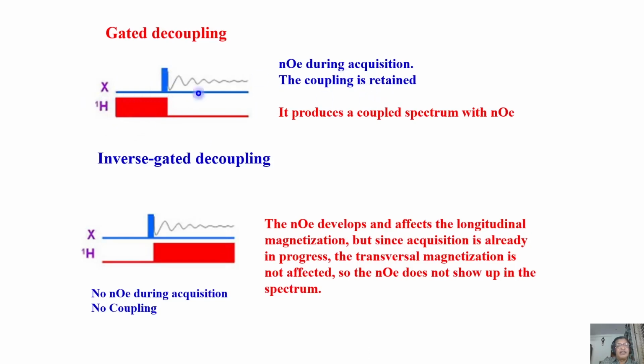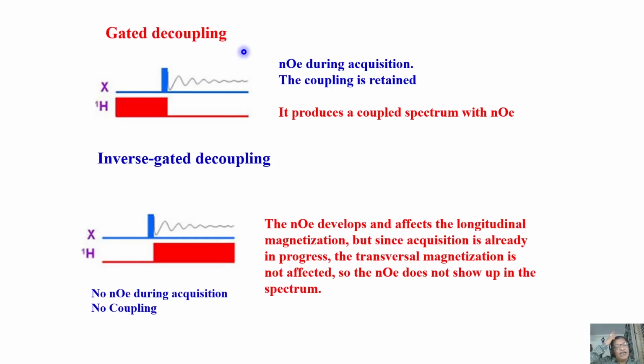It means there is an NOE here. Signal enhancement is there during the acquisition time, but at the same time, coupling is retained. This is called a coupled spectrum with NOE enhancement. You are going to get a spectrum with enhanced signal to noise ratio because of NOE, plus a coupled spectrum. This is called gated decoupling.